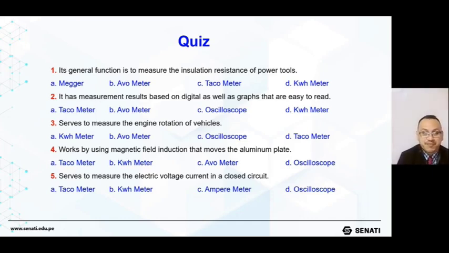Number 4. It works by using magnetic field induction that moves the aluminum plate. Tachometer, kilowatt meter, avometer, oscilloscope.